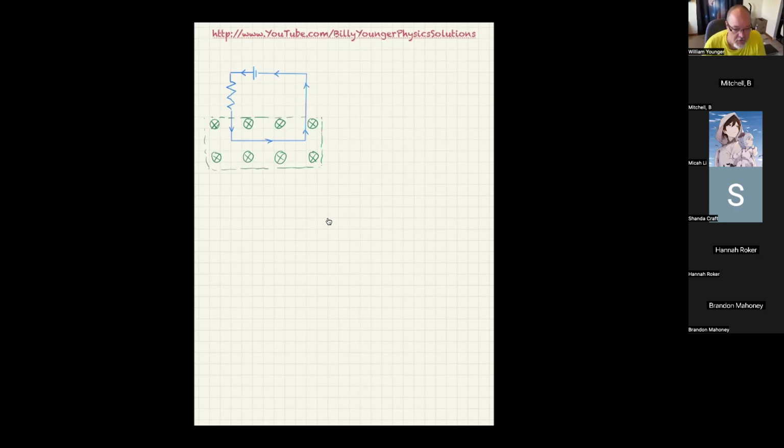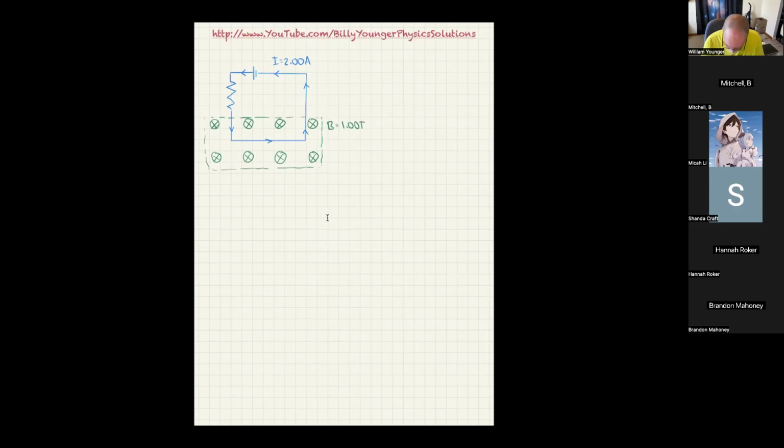Let's say the current is 2.00 amps. Let's say the magnetic field strength B, which I should put in green actually, is equal to 1.00 Tesla.